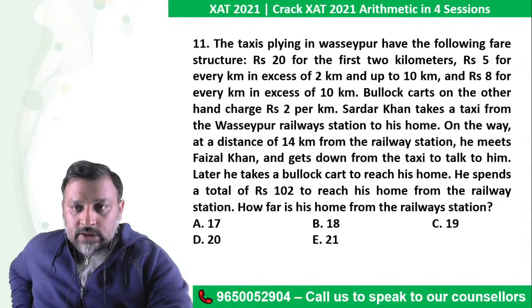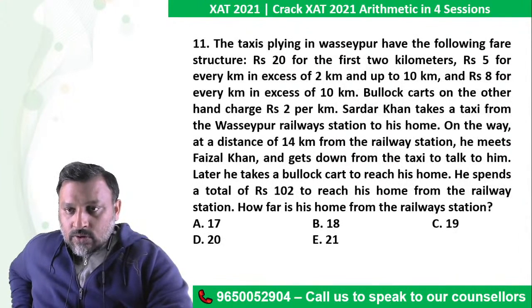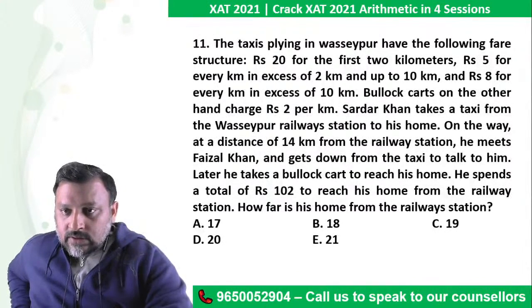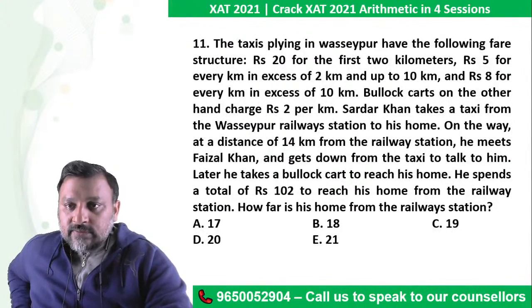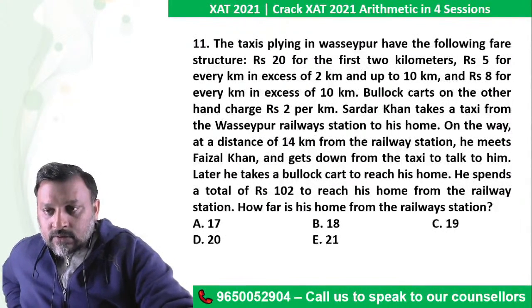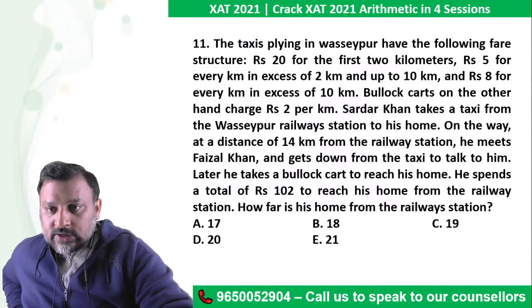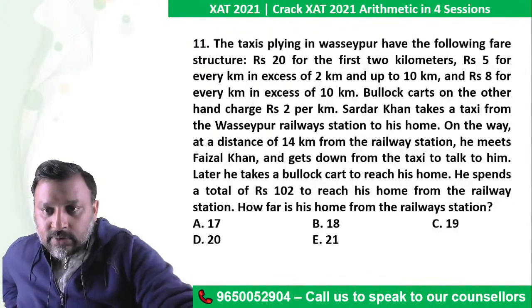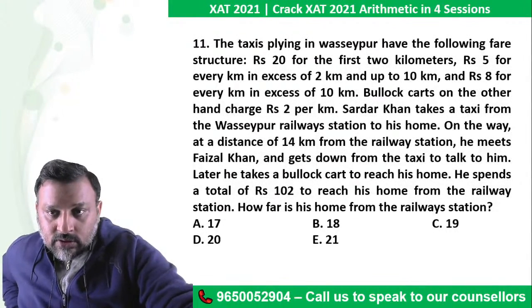Okay, Prachi is getting A, Manjusha is getting C. Pooja is also getting C. Mr. Kumar is getting D. Pratik is getting B. Piyush is also getting C. Let's check. Prachi is getting A, Manjusha is getting C, Yashika is getting B. So so many different answers are coming.